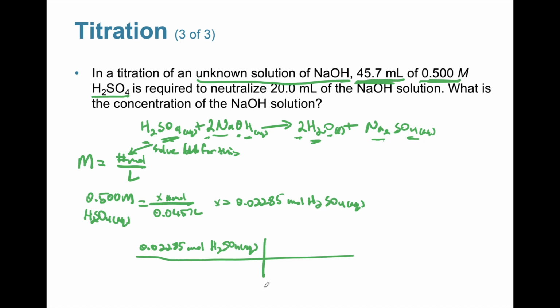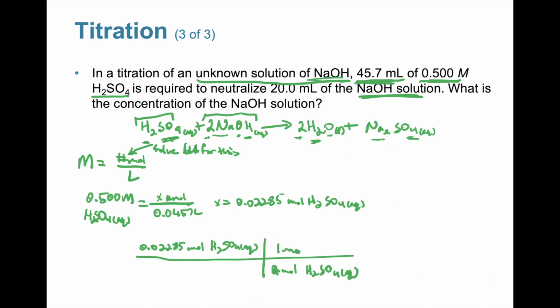And then this is where we need the molar ratio, which we have from the balanced chemical equation. For every 1 mole of sulfuric acid, we have 2 moles of sodium hydroxide, right? Because we're looking for the unknown sodium hydroxide solution. So for every 2 moles of H2SO4 AQ, we have 1 mole. Oh, I messed up.